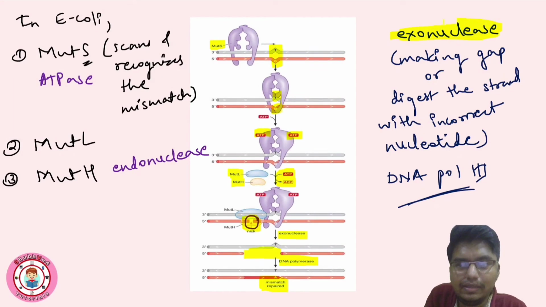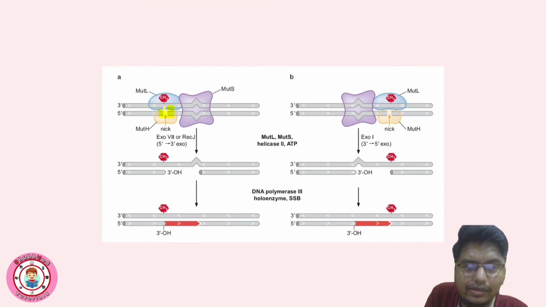There are also types of exonuclease. If the cut is on the 5 prime side, this is 5 prime and this is 3 prime, we can say nick.